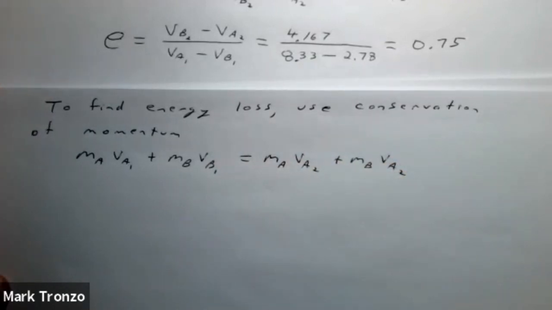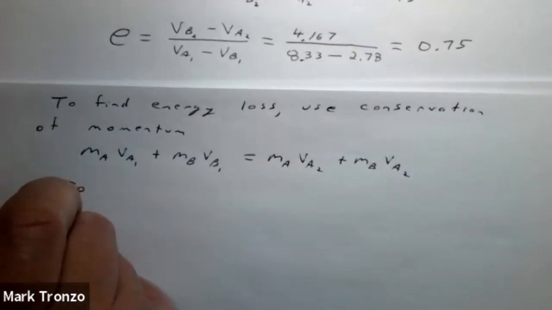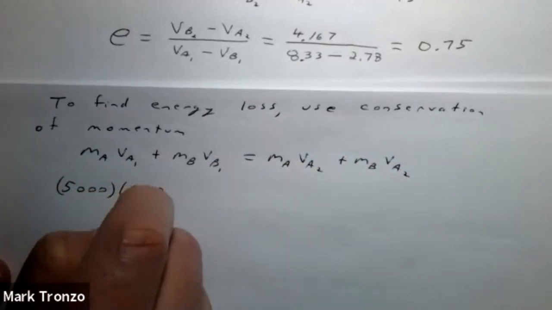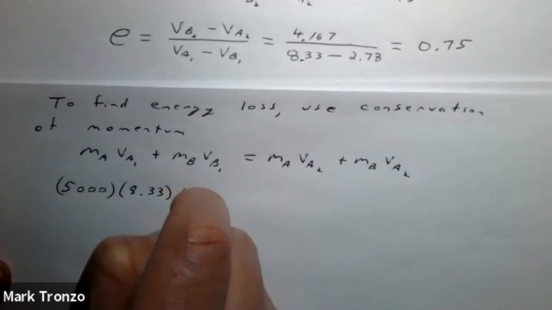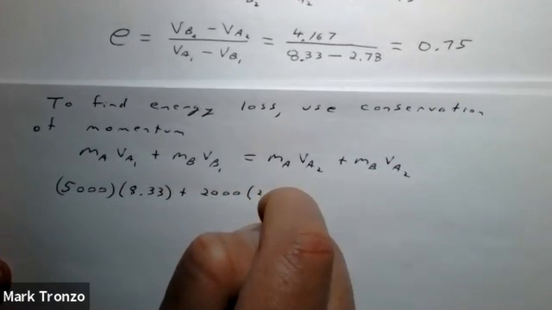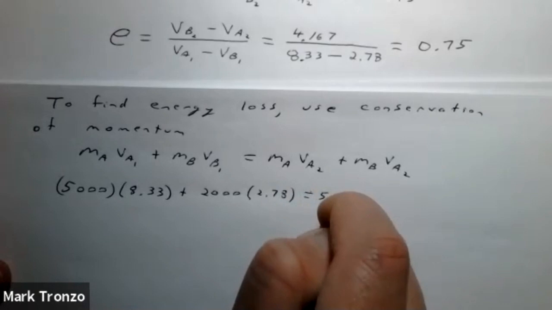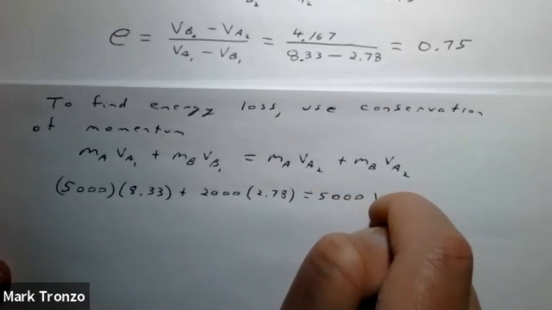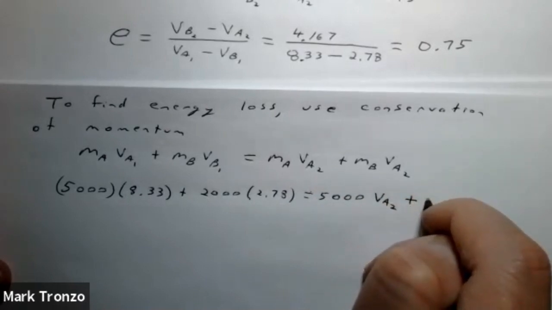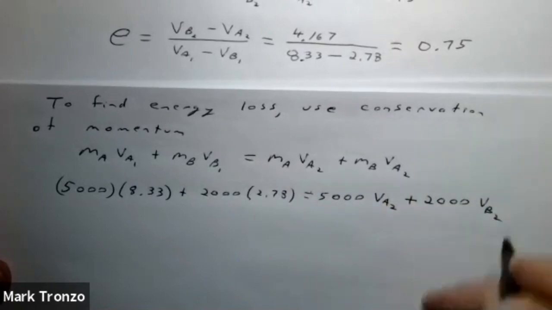And then we can just start substituting things in. 5,000 times 8.33 plus 2,000 times 2.78 equals 5,000 times VA2 plus 2,000 times VB2.